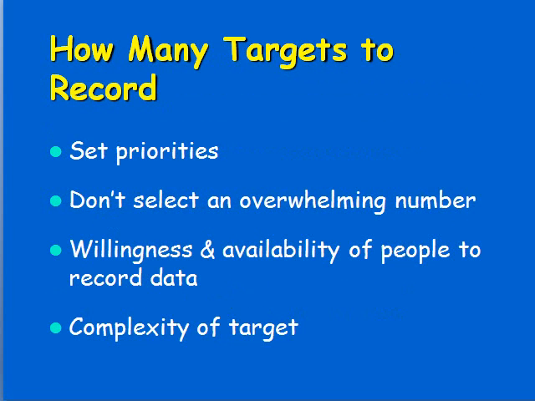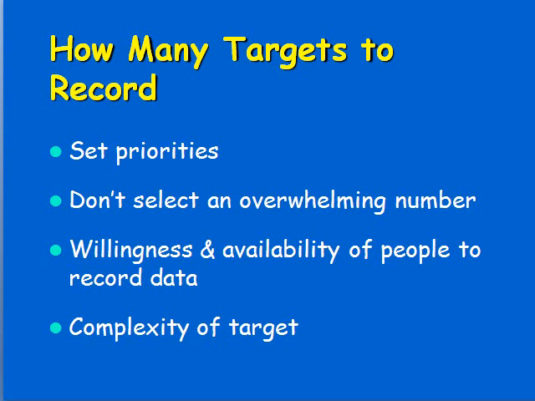How many targets to record? Well, you can't measure everything. And that's something that as a researcher and a practitioner you have to accept. So you have to set priority. Don't select an overwhelming number.